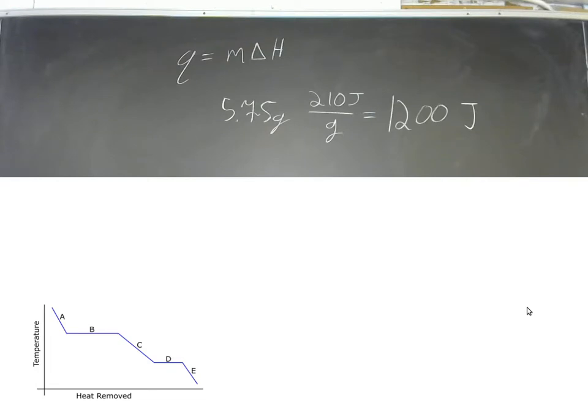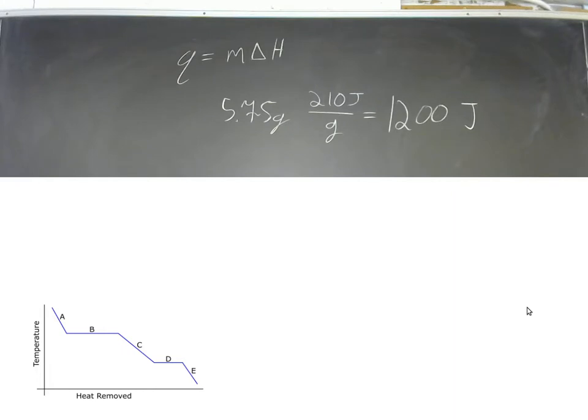This corresponds to the steam cooling down from 250 degrees Celsius to the condensation point of 100 degrees Celsius. Then B, we have a flat plateau. That is the time where there is a phase transition from steam to liquid water. And the temperature remains constant during that transformation.